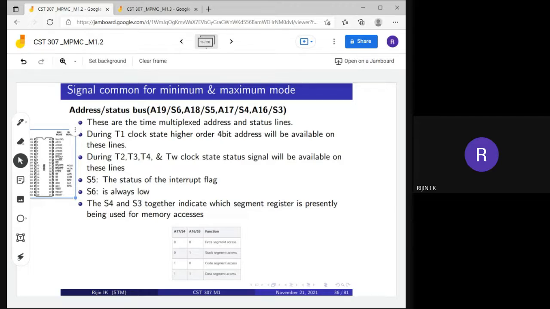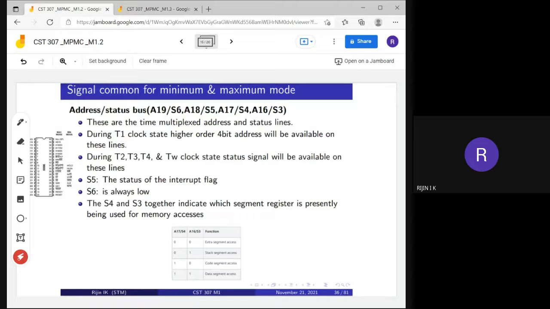During the T1 clock state, the higher order 4-bit address will be available on these lines. That means during the first clock cycle, the higher order 4-bit address will be available on the address bus status pins.